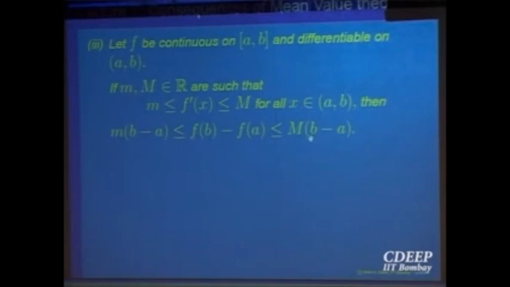Because I can divide: f(b) minus f(a) divided by b minus a is equal to the derivative at some point by the mean value theorem, which lies between small m and capital M. So, a direct application of the mean value theorem: if the derivative is bounded, then the variation in the function is at most M times (b minus a), and at least m times (b minus a).